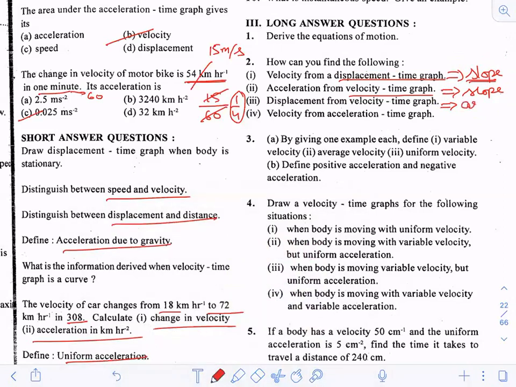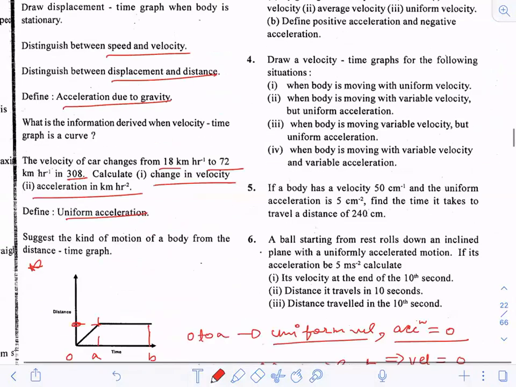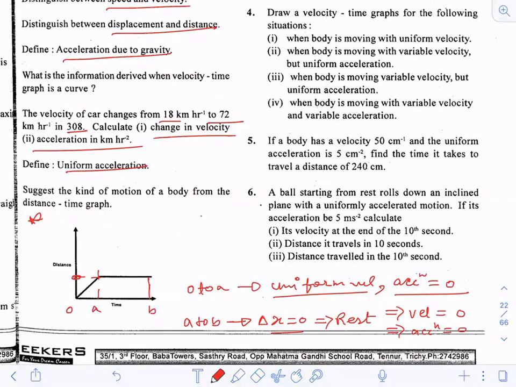Velocity from acceleration time graph, this also area. Understood? So I guess you can do all these questions now. Try to attempt question number 4, 5, and 6 on your own.